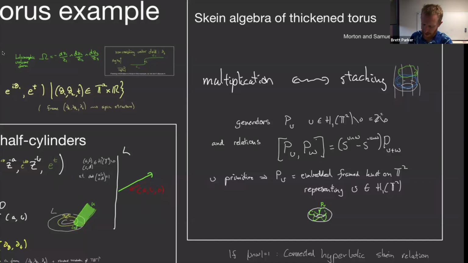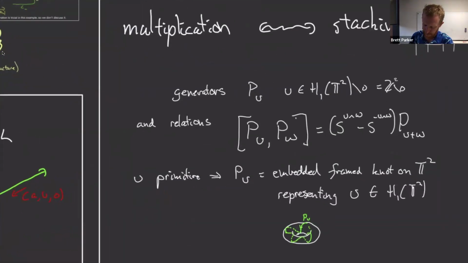And the relations are the commutation relation, which uses this quantum deformation of the determinant of V and W, like what I get in Gromov-Witten world, but differing by a factor of I.